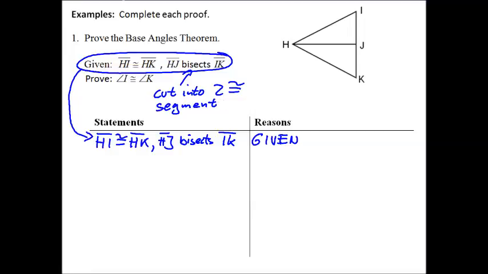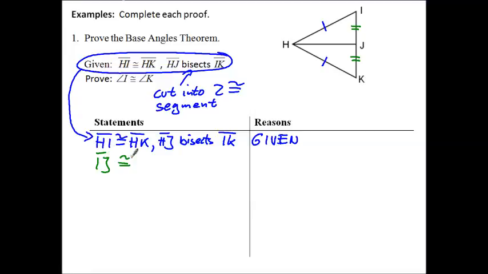So let's start marking things here in our diagram. First of all, HI is congruent to HK. That was given. And if IK gets bisected by HJ, that means that IJ and JK are also congruent. And that's going to be our next statement.